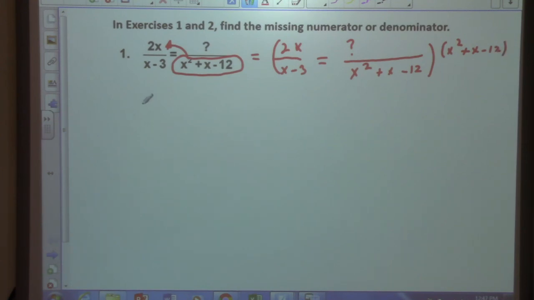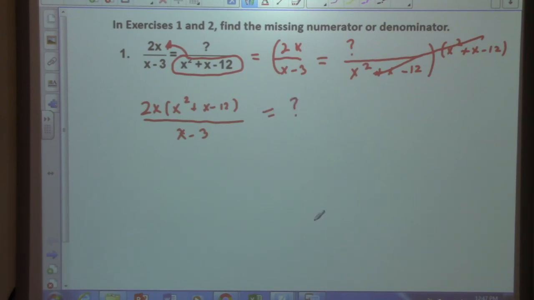Well, it happens what Kayla was saying, right? We're going to get x squared plus x minus 12 over here, and then we're going to get x minus 3 over here, and then what's going to happen over here? Cancellation. And what do we have left?